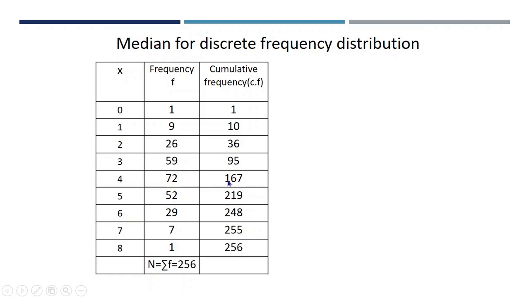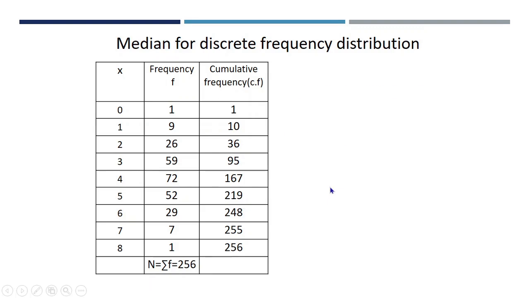And for value 6, less than cumulative frequency is 29 plus 219 gives 248. And for 7, 7 plus 248, 255. And for 8, 1 plus 255, which is 256. This is how we can calculate less than cumulative frequency.